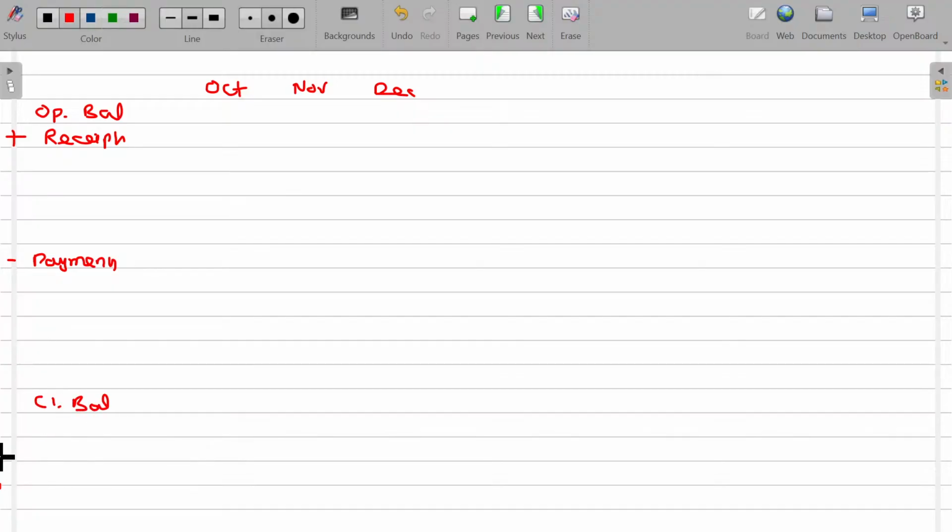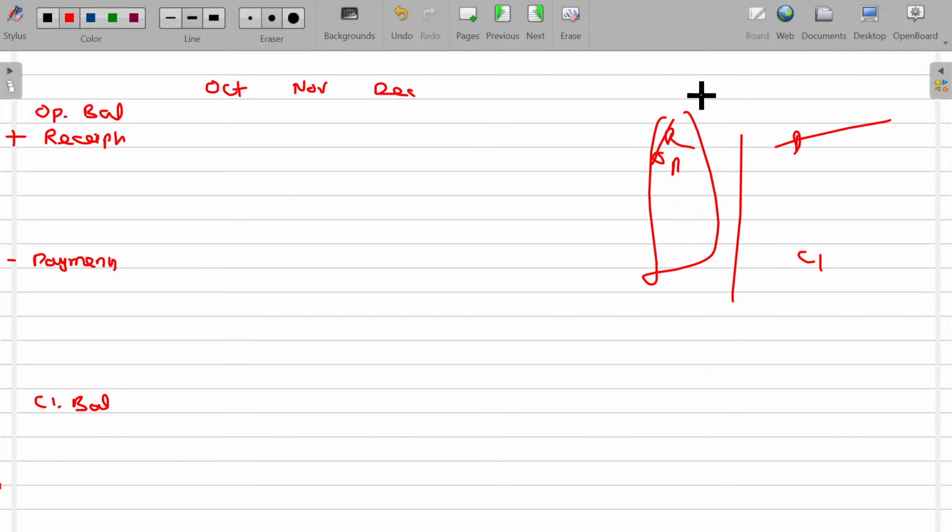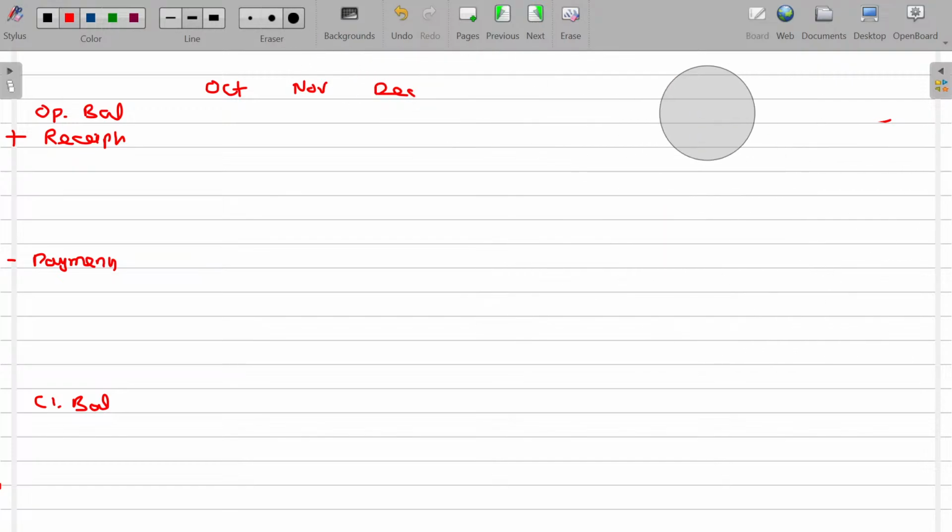That's all. So usually you prepare this way: opening balance and closing balance, receipts and payments. You now put this in a vertical format. First, opening balance and receipts minus payments, you'll get the closing balance. That's all. But it is not actual receipts and payments, it is based on the prediction of what happens in the next period.